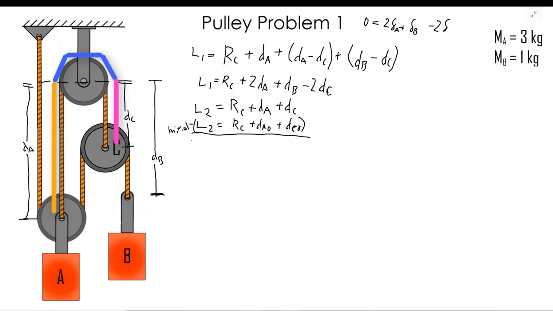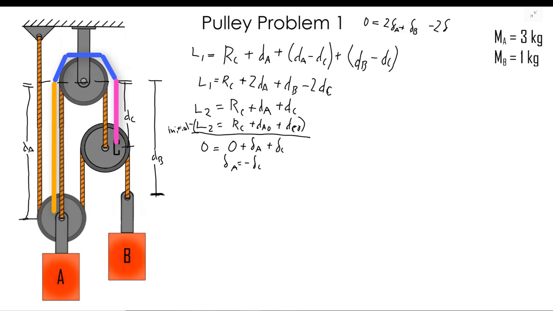So we get 0 equals 0 plus delta A plus delta C. Okay, so therefore delta A equals negative delta C in the end.